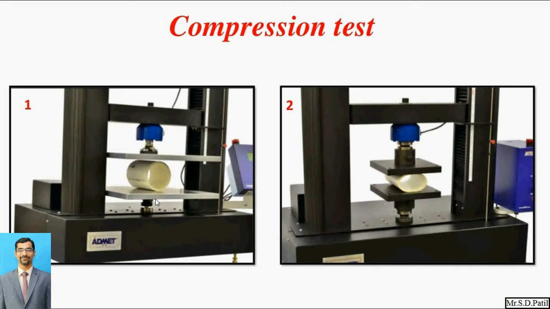In general, brittle materials are better in compression than in tension. We have seen which materials are brittle: glass, concrete and similar materials have good compressive strength compared to tensile strength, so they are used for compressive loads.